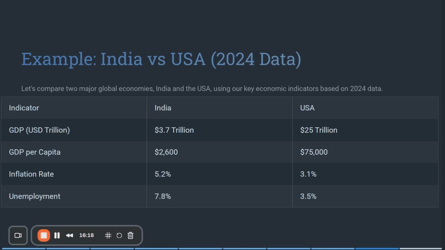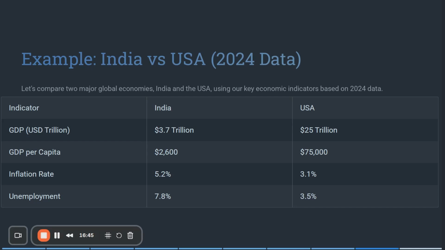So we can compare India with countries like Bangladesh, China, Pakistan, Brazil, and many more. The USA we can compare with Germany, Japan, UK, Canada.